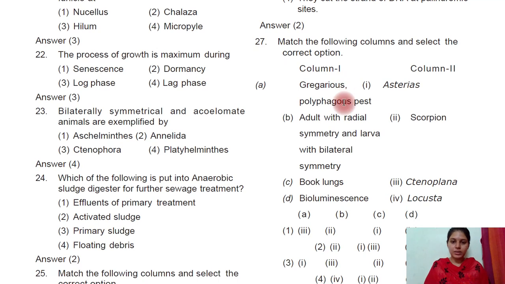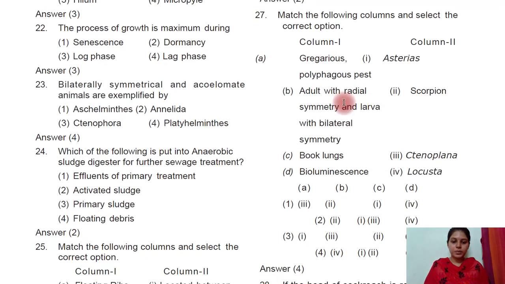match the following columns and select the correct option. So you have gregarious, polyphagous pest. These are the particular characteristics of an animal. Here option 4 is the right answer, because gregarious and polyphagous pest is what? Locusta, right?